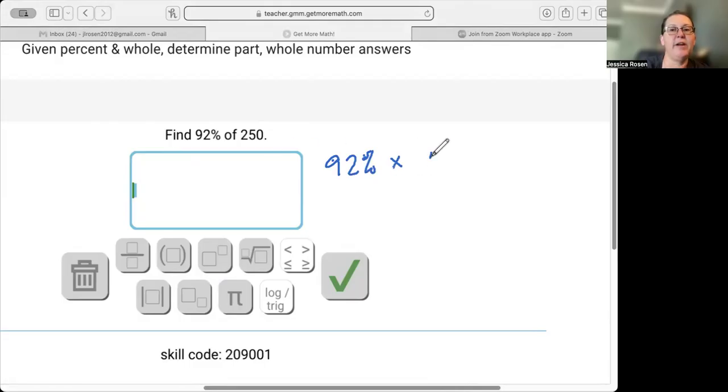But of means multiply, and 250. So 92% of 250 means almost all of it, right? When I put that in my calculator, I got 230. I would justify that 92% is almost all of it, and 230 is almost all of 250. So it makes sense.